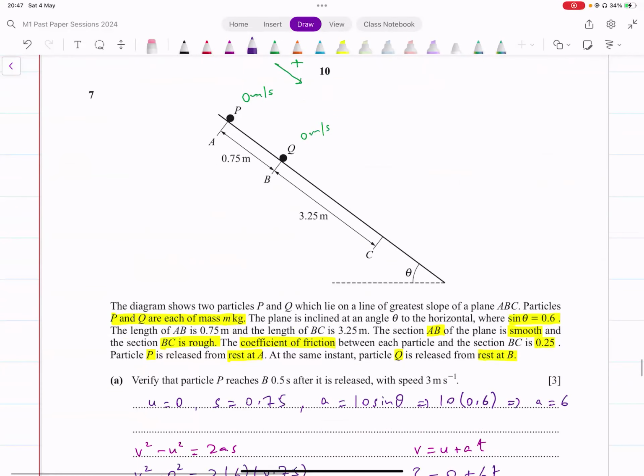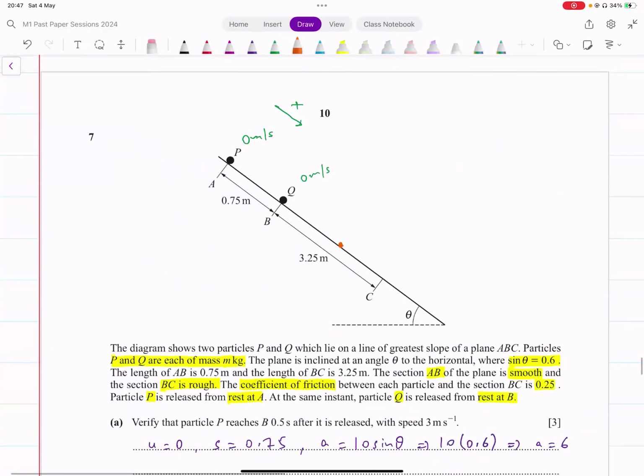Okay, now think about this. Q is also moving downwards, and P is also moving downwards. They start at the same instant, so their times are going to be the same, right? At some point, P is going to catch up with Q. Let's say that's here.